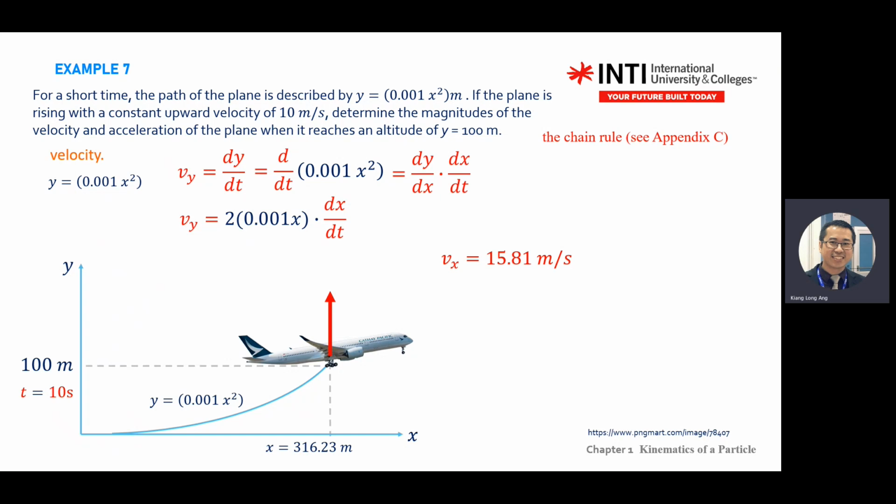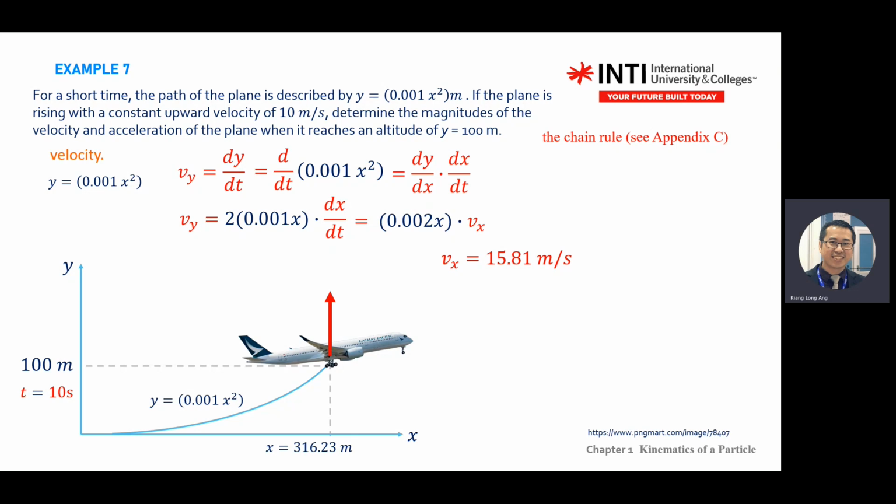I'll do it very fast. If we do dy/dx, we differentiate this, pull the 2 to the front, and this becomes x. This is dy/dx, and then continue with dx/dt, which is Vx, right? Substitute Vx and you get 0.02x Vx.